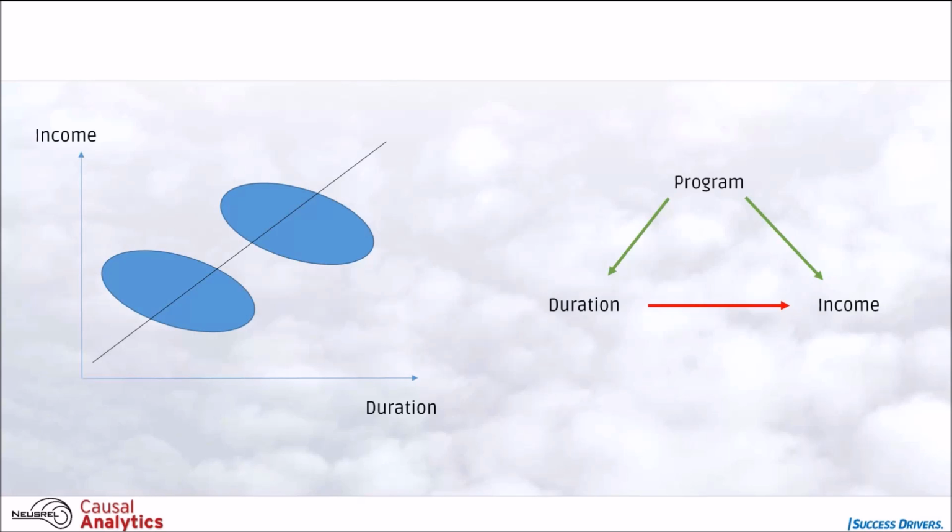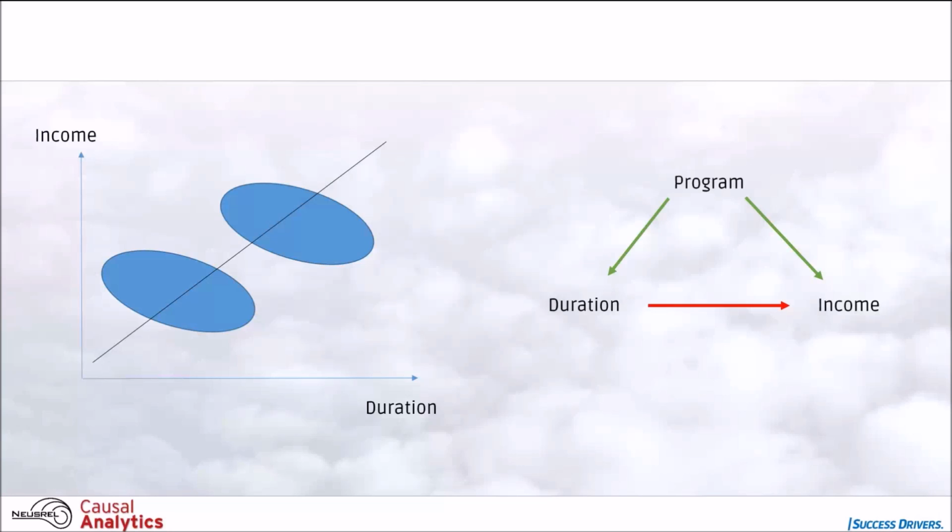In fact, the two bubbles which you see here, they are different programs. The lower left bubble is business administration students, and the right upper bubble are science students, chemical and physical science students who typically do a PhD afterwards. And that's why the duration time is longer and the income is also higher.